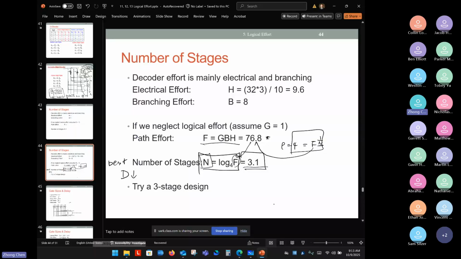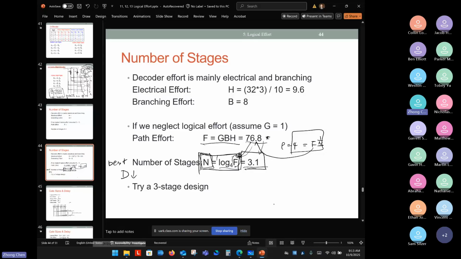If you have a different path effort, this number of stages will change. For this case, the total path effort is 76.8, which is a process independent delay. If I plug in these values and calculate the best number of stages, I get 3.1.